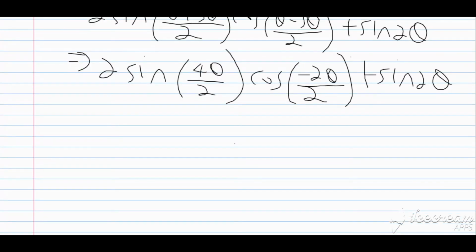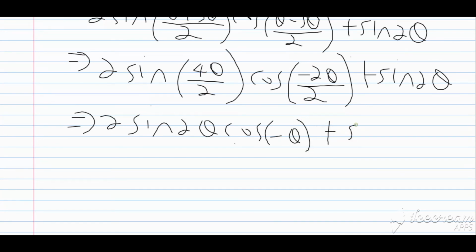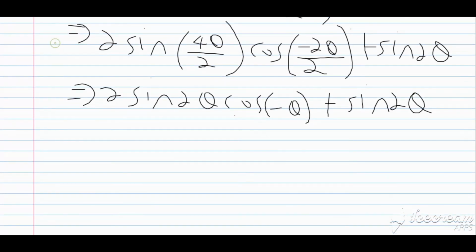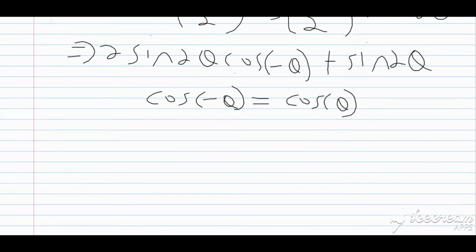So this now becomes 2 sine 2 theta cosine of negative theta plus sine 2 theta. Now, because cosine is an even function, when I find the cosine of a negative angle, it gives me the same thing as the cosine of the positive angle, and you can refer to the graph for that.